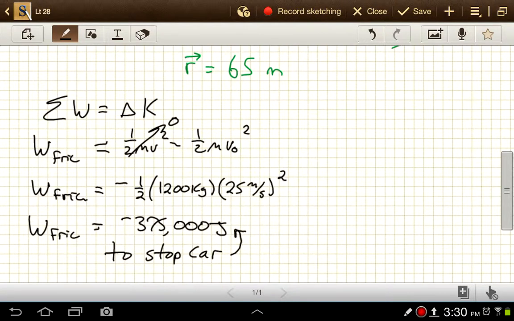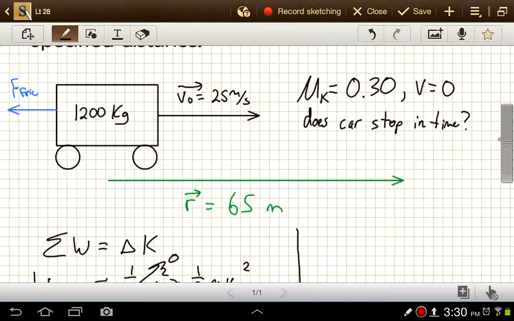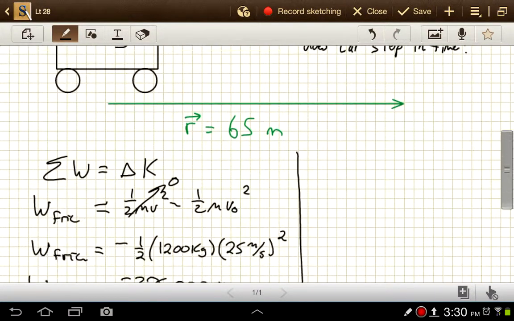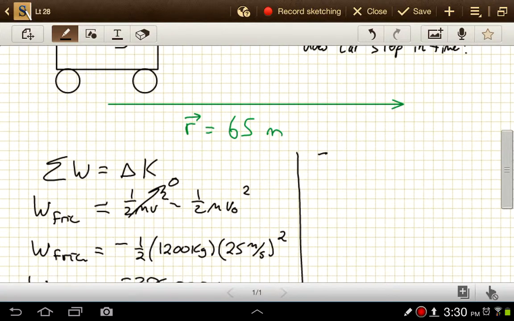Now let's look at how much work friction can do over that period. So we've got an unknown force of friction, but we have the value for mu. So that's our first step, finding the force of friction, and that's going to be equal to mu times the normal force.